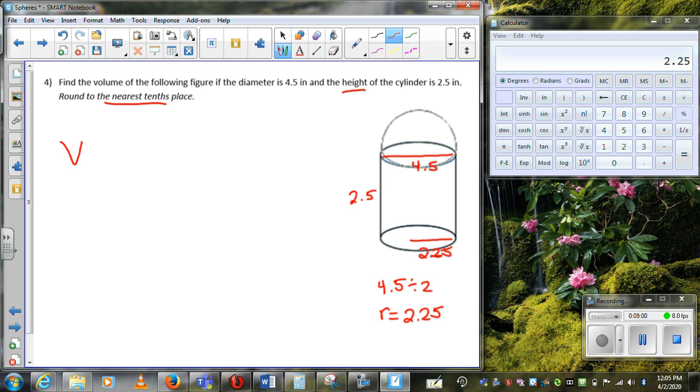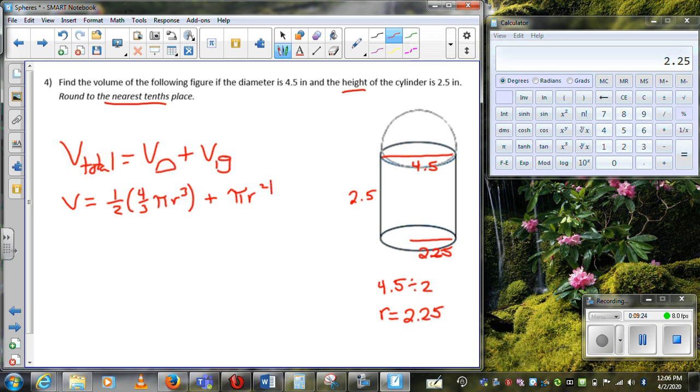So our total volume is going to be the volume of our hemisphere plus the volume of our cylinder. So that means my volume is going to be 1/2 times 4/3 pi r cubed plus pi r squared h, because that's the formula for a cylinder.